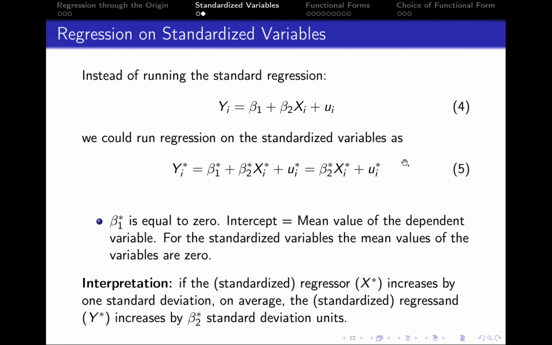The intercept is the mean value of the dependent variable, so the mean value of y. But when we standardize the dependent variable, its mean is equal to 0. So since the mean value of y is equal to 0, beta 1 is also equal to 0. So what we get here is actually the regression through the origin, the regression without an intercept.